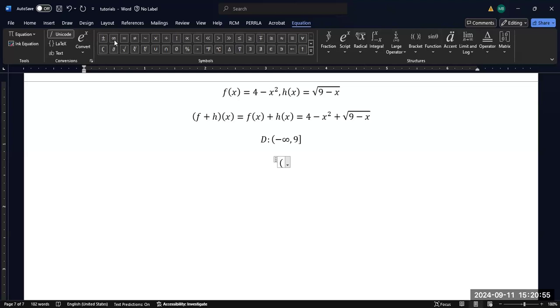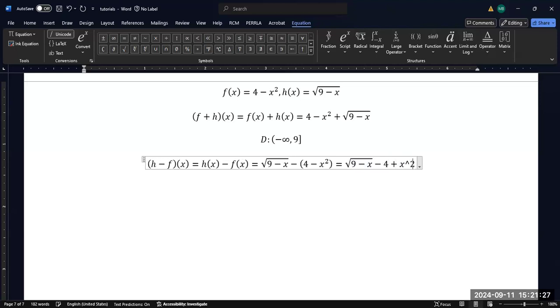Same thing for h minus f, for example. Again, that x is part of the notation. This means h of x minus f of x. And so then we would, in this case, start with the square root, and then we would subtract our other function and make sure that we distribute to get our final answer, minus 4 plus x squared.